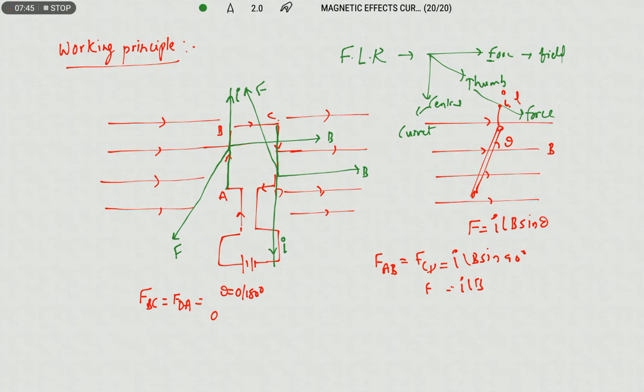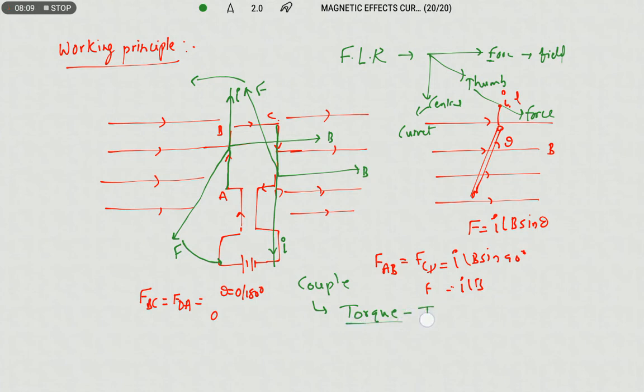When two equal and opposite forces act on the same body at two different points, they constitute a couple. Due to the development of this couple, the couple will be able to rotate the coil in the magnetic field. The turning effect of force is known as torque.